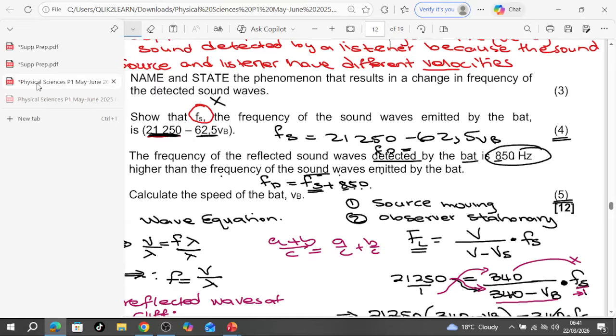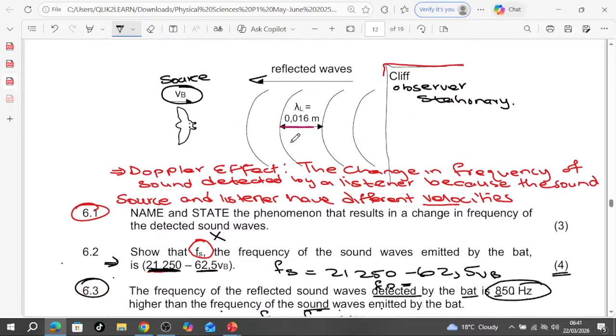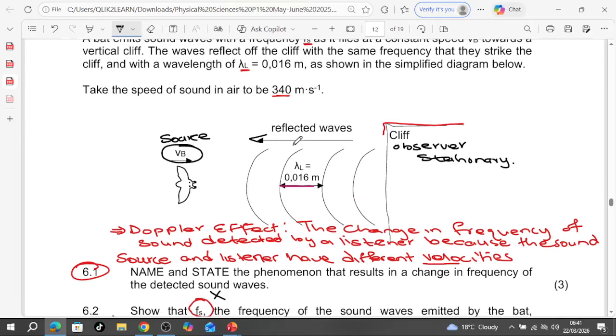Yeah? So now, with this Doppler effect, it happens again. Please, let's go back to the question. Look at this. After the reflection, the cliff acts like a stationary source, and we did write it down. So if it acts as a stationary source, it sends back the sound.